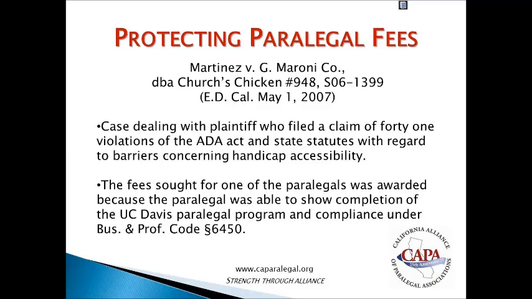So it is a very slow process in Washington right now, but California is feeling that we also need to do something as well. And for the California Alliance of Paralegal Associations, our view is that we are already governed by 6450. We know that we are paralegals that work under the supervision of an attorney, whereas the limited license legal technicians will apparently be able to give out some very basic legal advice.